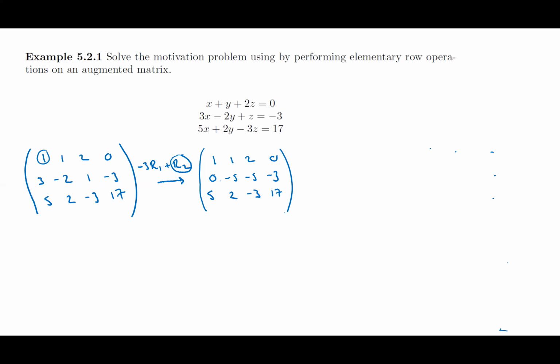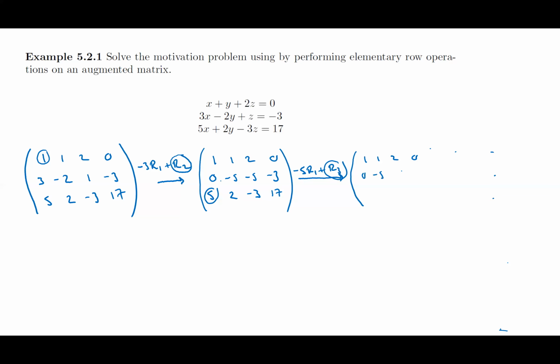All right. Well, now I want to get rid of 5. I want to turn that 5 into a 0. And so to do that, I'll do -5 times row 1 plus row 3. And I'm changing row 3. So row 1 left alone.